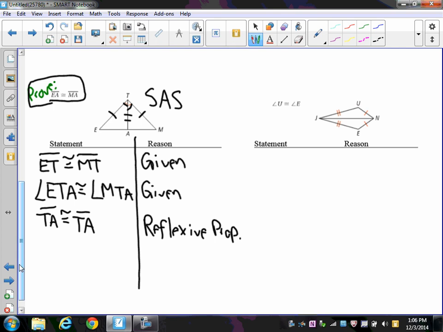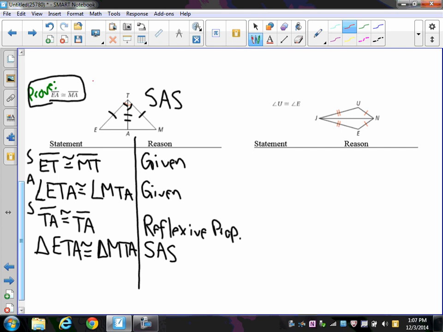So if I take a look, I have my side, my angle, and my side. So that's why it's SAS. The angle is included, it's in between the two sides. So triangle ETA is congruent to triangle MTA by SAS.